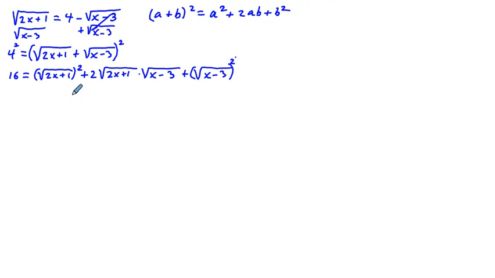And next we're going to continue writing down here 16 equals, and on this first expression here that I'm circling, the square root and squared cancel each other, so we have 2x plus 1, and then we have plus 2.